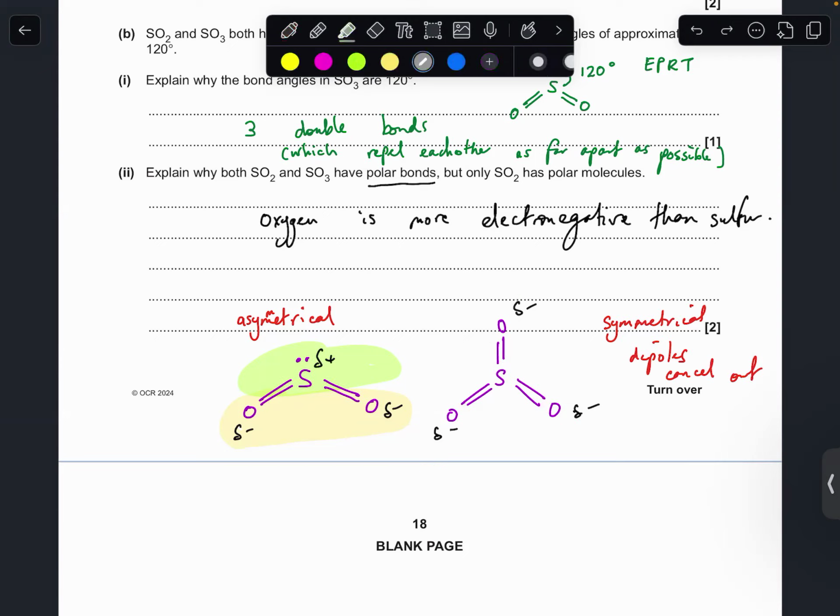So in reality, this is a non-polar molecule because the dipoles cancel out. So the first one, sulfur dioxide, is asymmetrical. Dipoles don't cancel out. You could either say that statement or that sulfur trioxide is symmetrical and dipoles do cancel out.